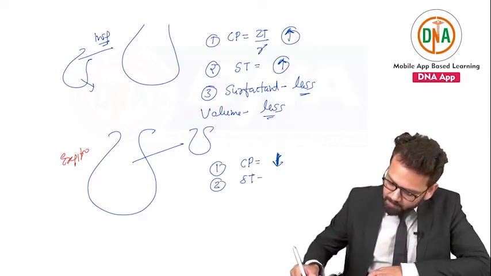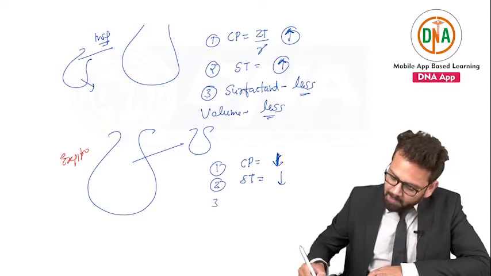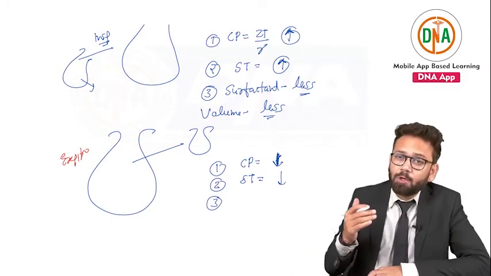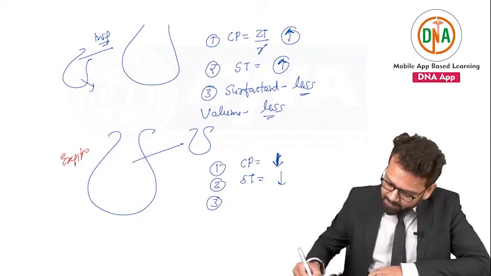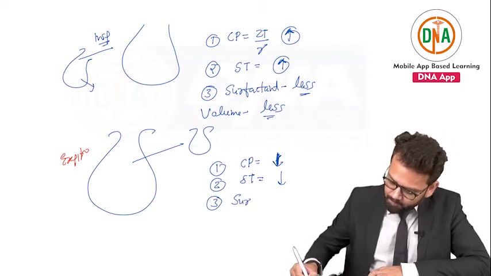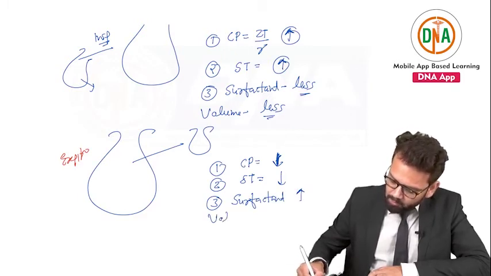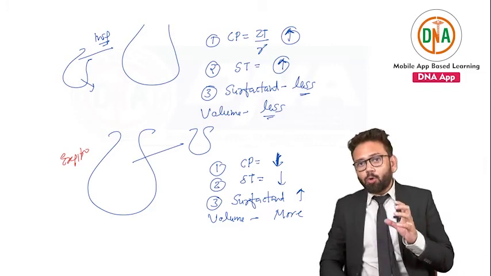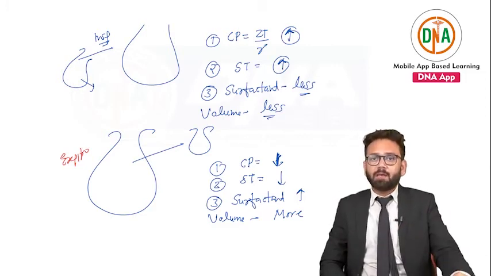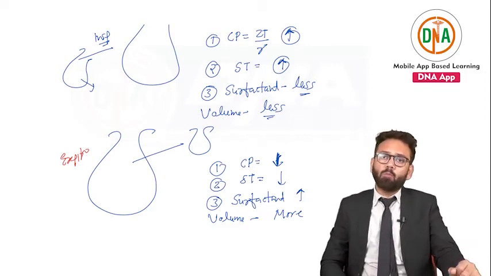Surface tension will also be less, and because surfactant took some time to go inside, will surfactant be more or less? Surfactant will be more. So will volume be less or more? Volume will be more. So now you can see volume during inspiration is less and volume during expiration is more.